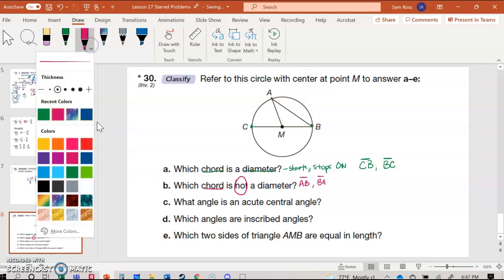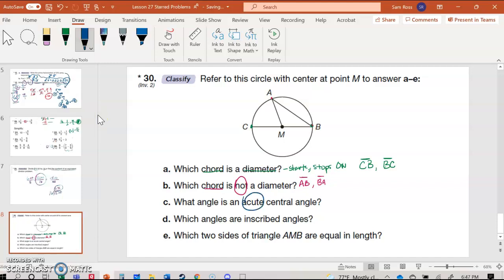I'm going to try a different color. What angle is an acute central angle? If it's a central angle, that means the center has to be the vertex, or the corner. So we have this angle here, and this angle here, and this angle down here.